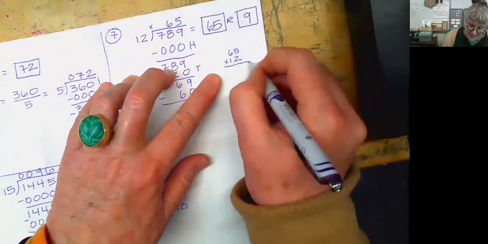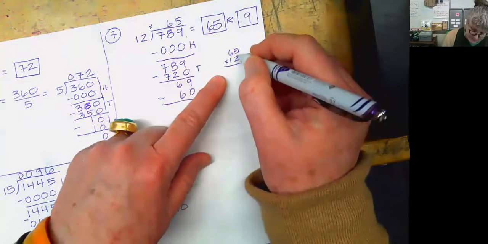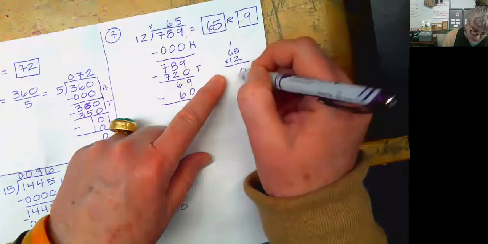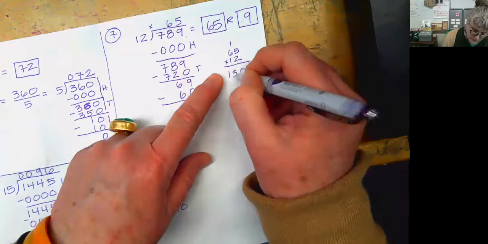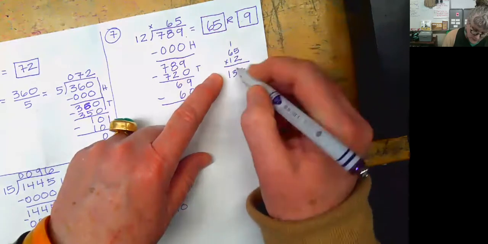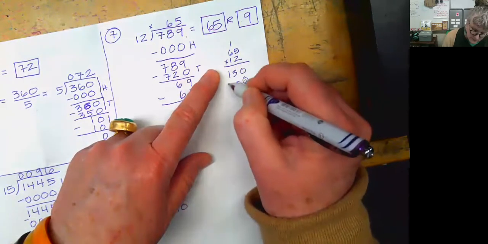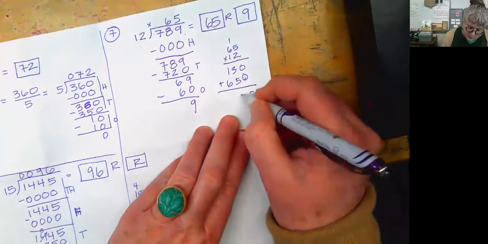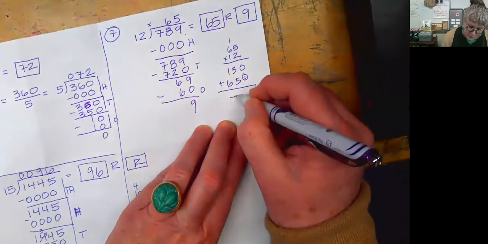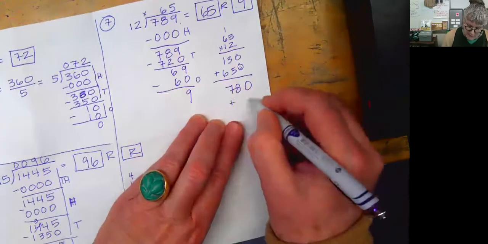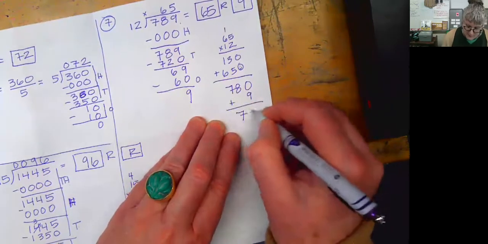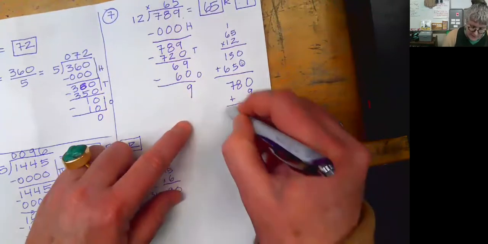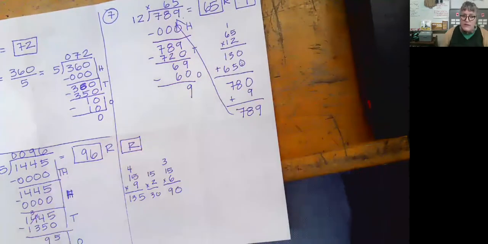So I'm going to do that, and I'm going to add my remainder in. Plus remainder 9 equals 789, and that's this. So I know that my answer is correct.